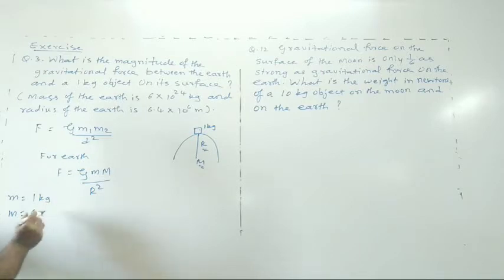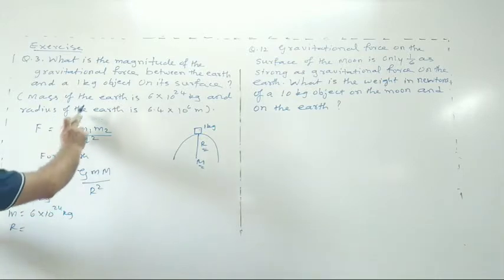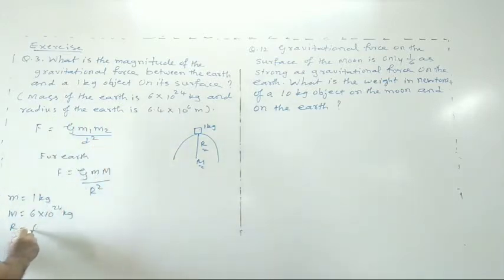And the radius of the Earth is 6.4 multiplied by 10 raised to 6 meters.